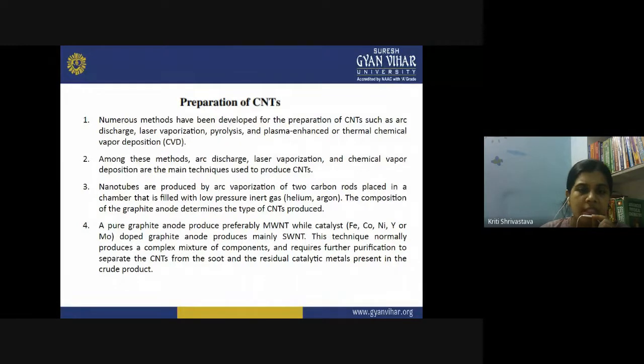So this is the technique of arc vaporization, in which we can prepare single walled nanotube and multi walled nanotube both by merely changing the composition of my graphite anode.